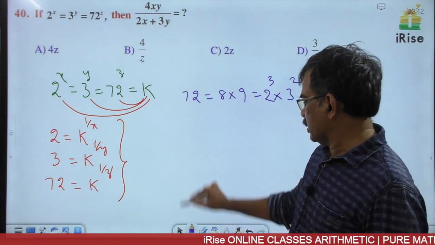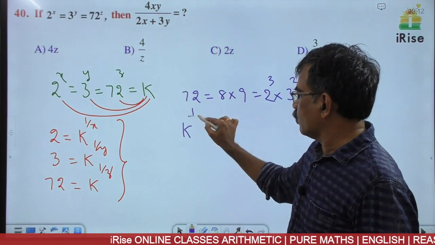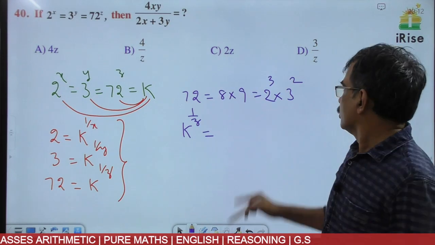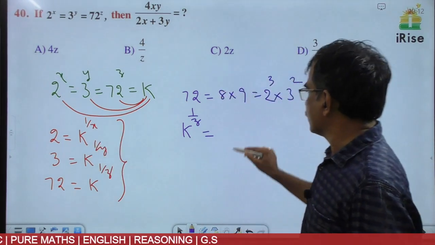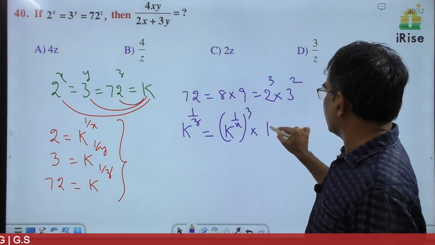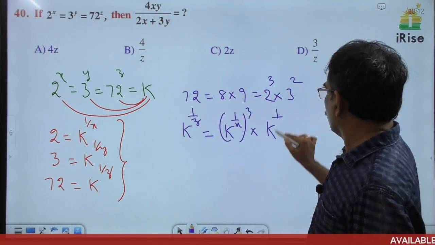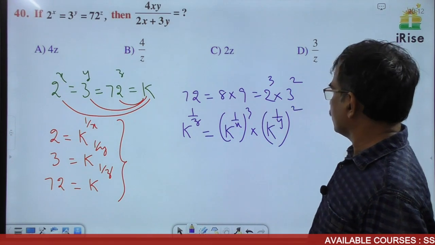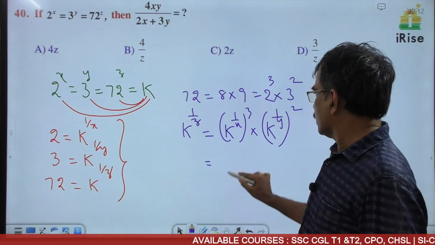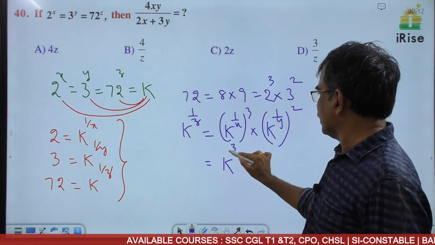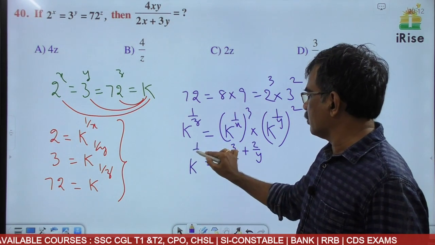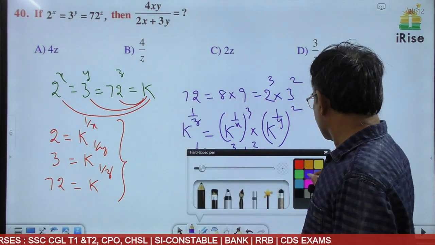Here 72, nothing but k power 1 by z, is equal to 2, which is k power 1 by x, whole cube, into k power 1 by y whole square. So this can be written as k power 3 by x plus 2 by y is equal to k power 1 by z. Equate the powers.